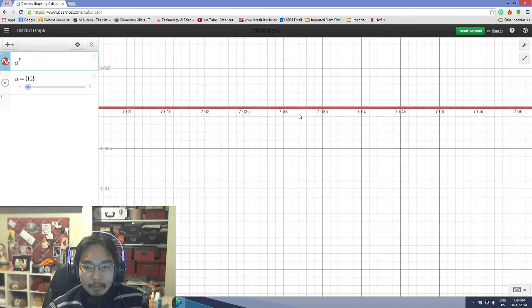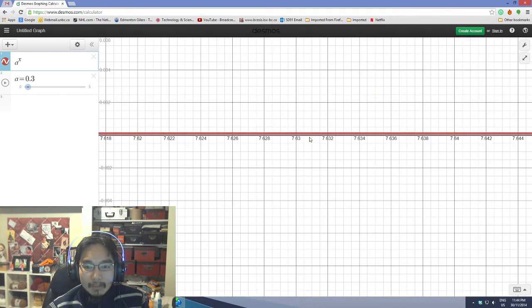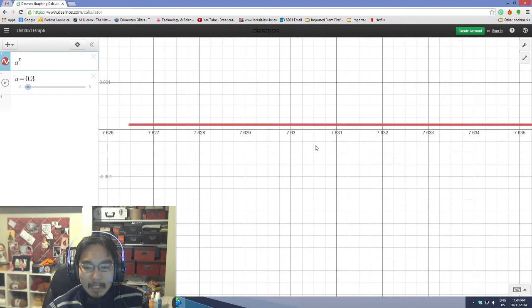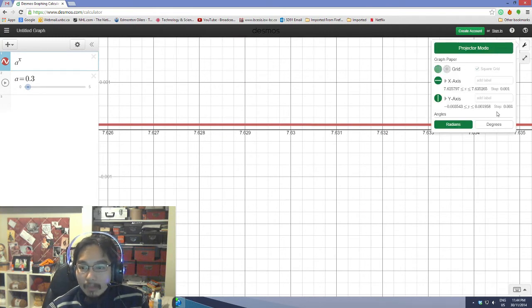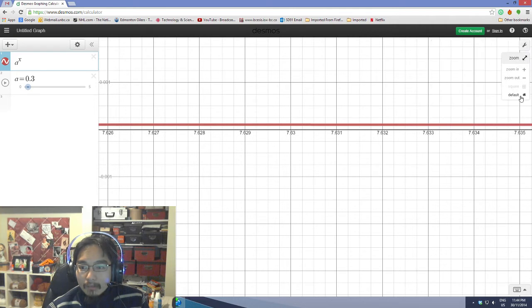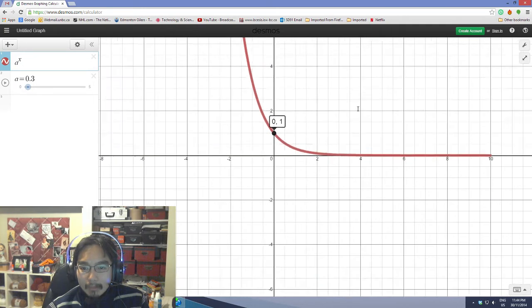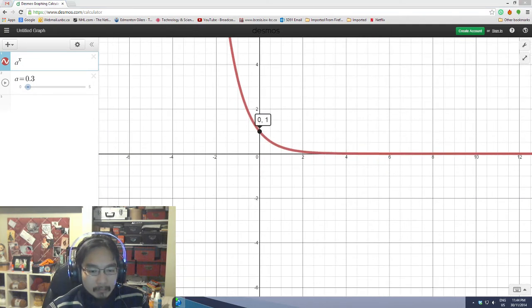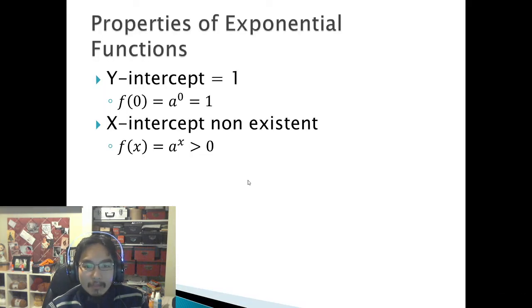Even if I zoom in constantly, look, it never actually reaches that line.